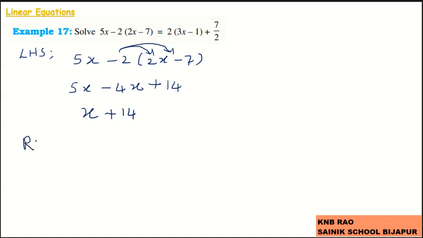Now, I am doing separately RHS, which is 2 times of 3x minus 1 plus 7 by 2.